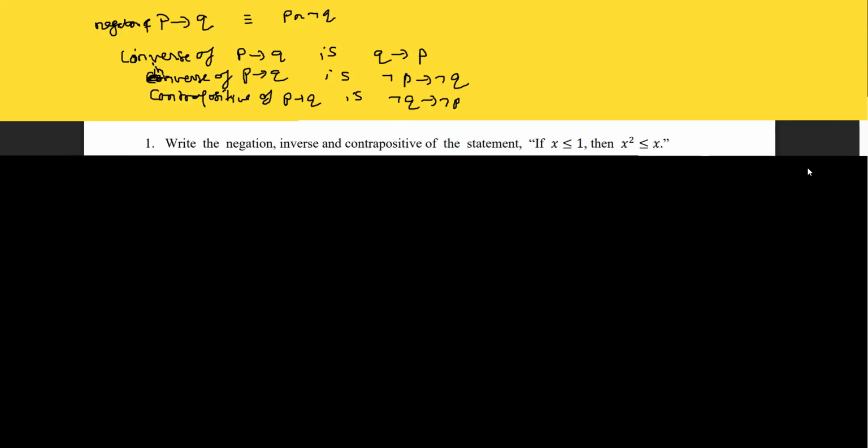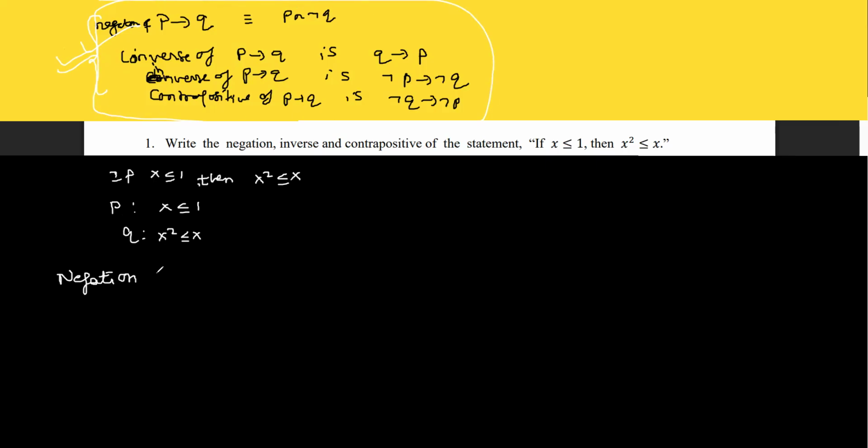So first of all, identify what is P and what is Q. If x less than 1, then x square less than x. What is P? P is x less than 1. Q is x square less than x. So first of all, we will find the negation. In the exam, always write these four first, and after that write the negation.